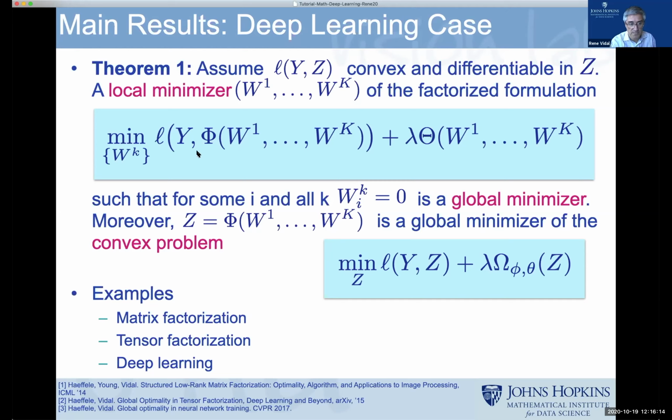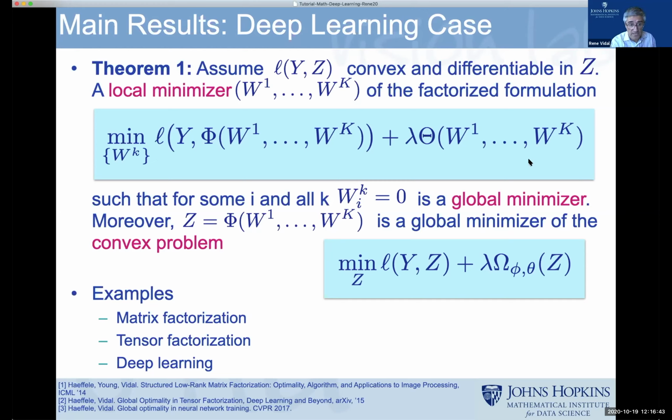I'm trying to minimize the loss. Phi, again, is the input-output map of the network that maps the weights to the output. Theta is the regularizer. So a minimum of the regularized training objective, such that for some i, for one of the subnetworks, in all k, that's all layers, has all the weights equal to 0, is a global minimum of that non-convex objective.